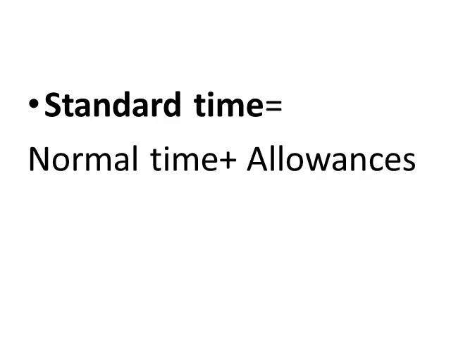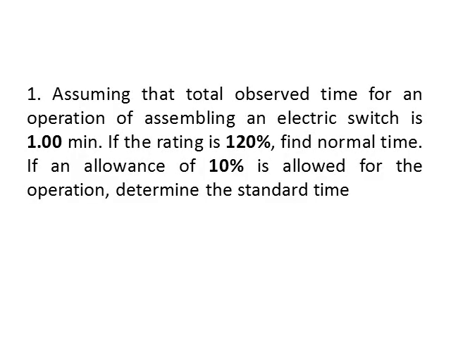So these are the basic standard theory part about time study. For better clarity, I will discuss three problems related with time study also. The first issue: read the question. Assuming that total observed time for an operation of assembling an electric switch is 1 minute. What is observed time?